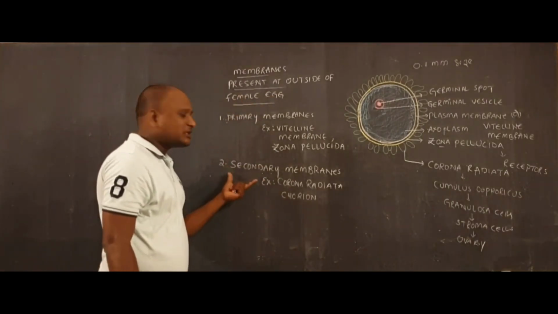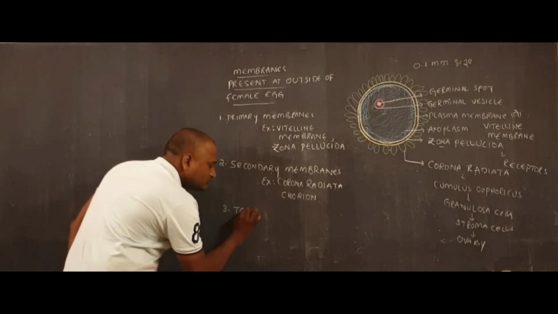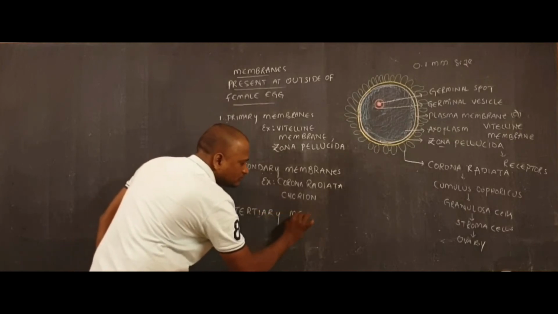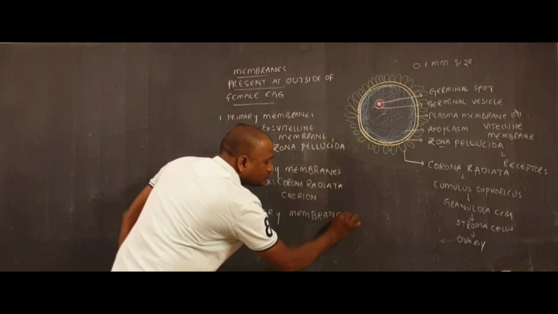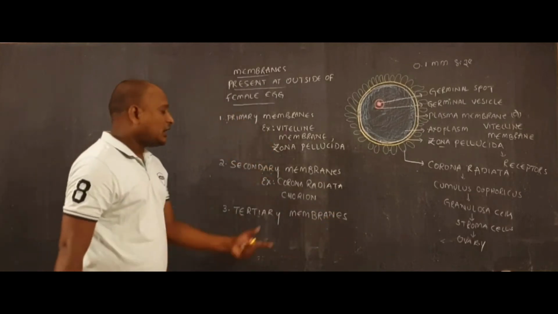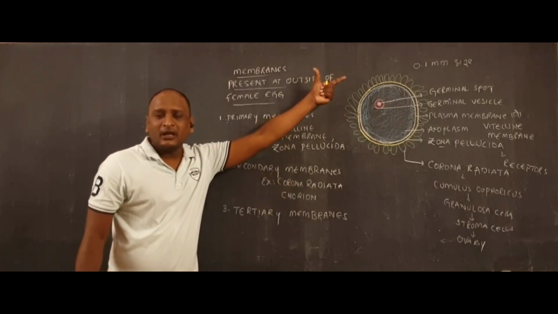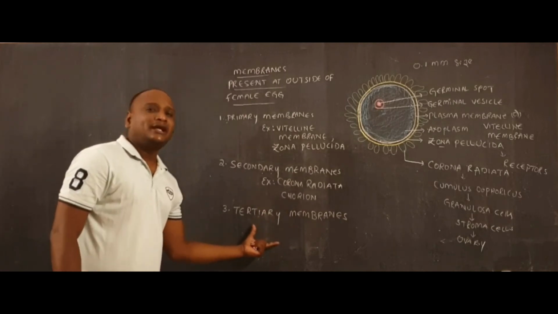So membranes present at outside of the female egg are classified into first, primary membranes, second, secondary membranes, and third, tertiary membranes. Of course, these tertiary membranes are absent in the case of human beings, but they are present in reptiles and birds.